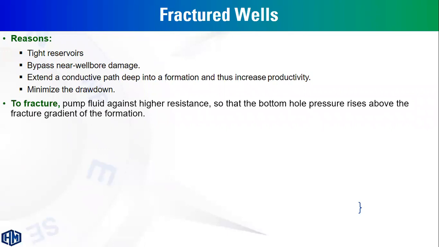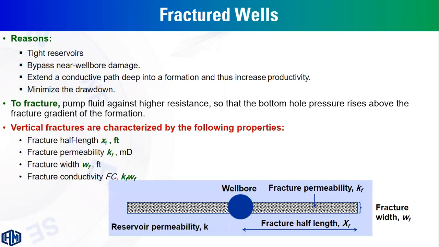Similarly, in hydraulic fracturing or acid fracturing, you will pump a specific fluid against the reservoir interval at high pressures, which is higher than the fracture gradient. So measure fracture parameters.